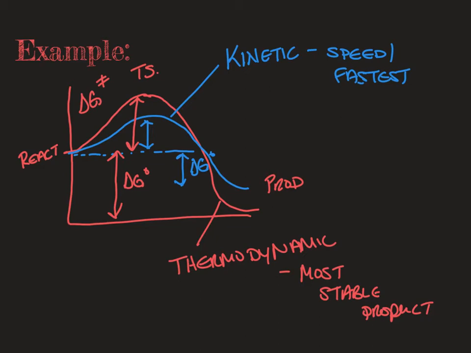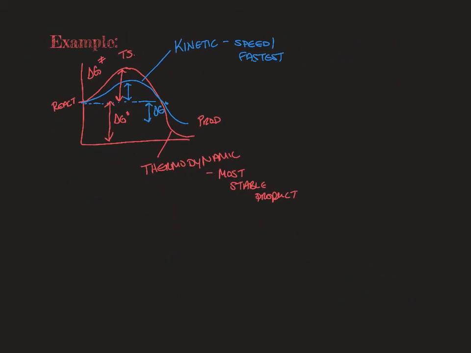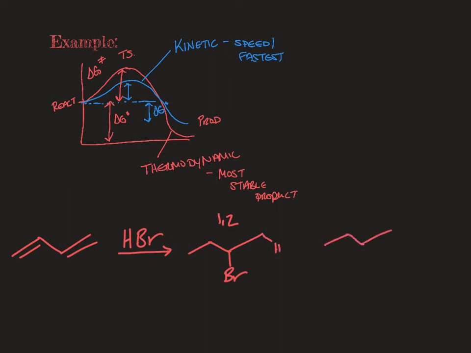So if we look at a specific example here, again we'll just look at our basic diene, and we'll add one equivalent of HBr. We have the two possible products. We can have the 1,2 product, because the hydrogen is over here on the end, or we can have the 1,4 product, where the hydrogen's on the right end and the bromine is on the left.